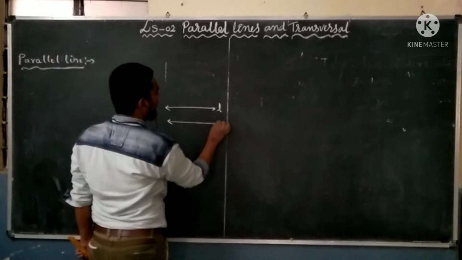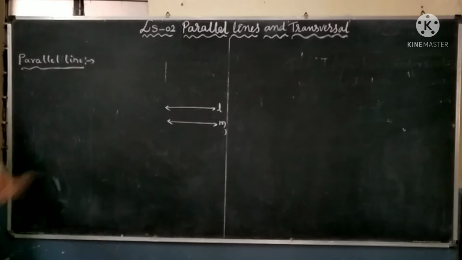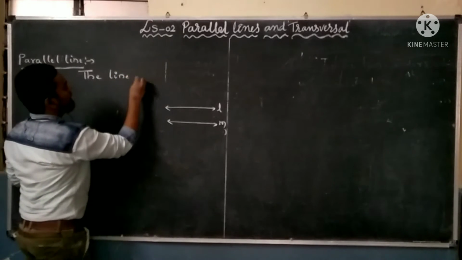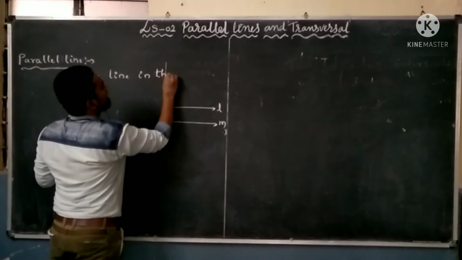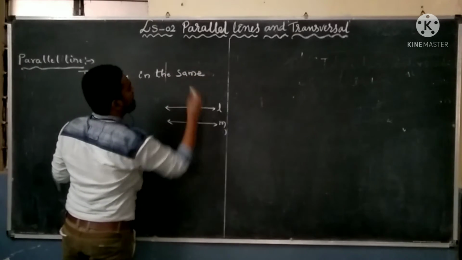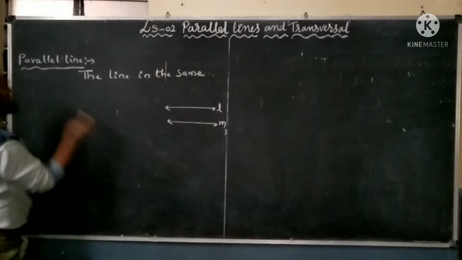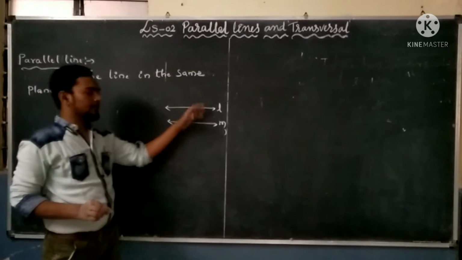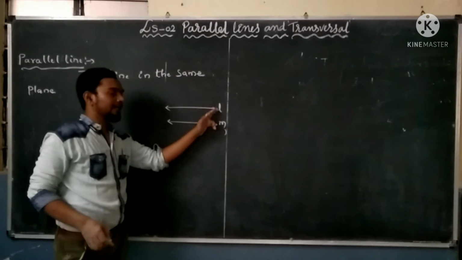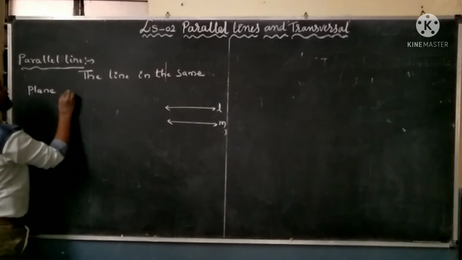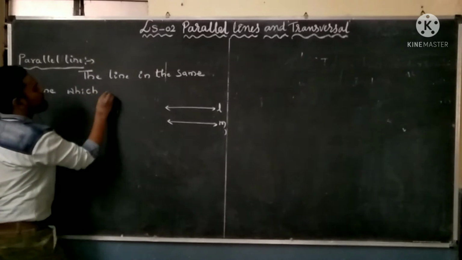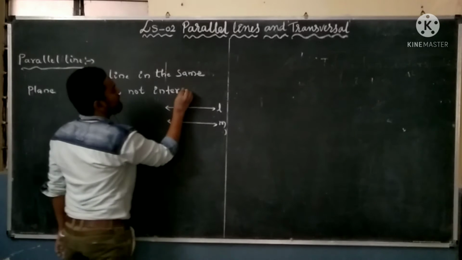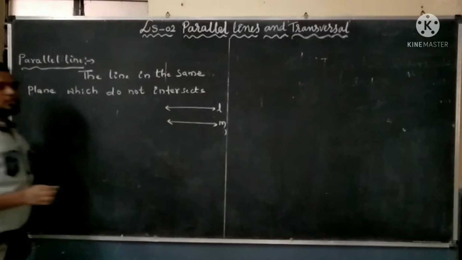This line is considered as L and this line is considered as M. The lines in the same plane, that means both lines, L and M, are in the same plane, which do not intersect each other.